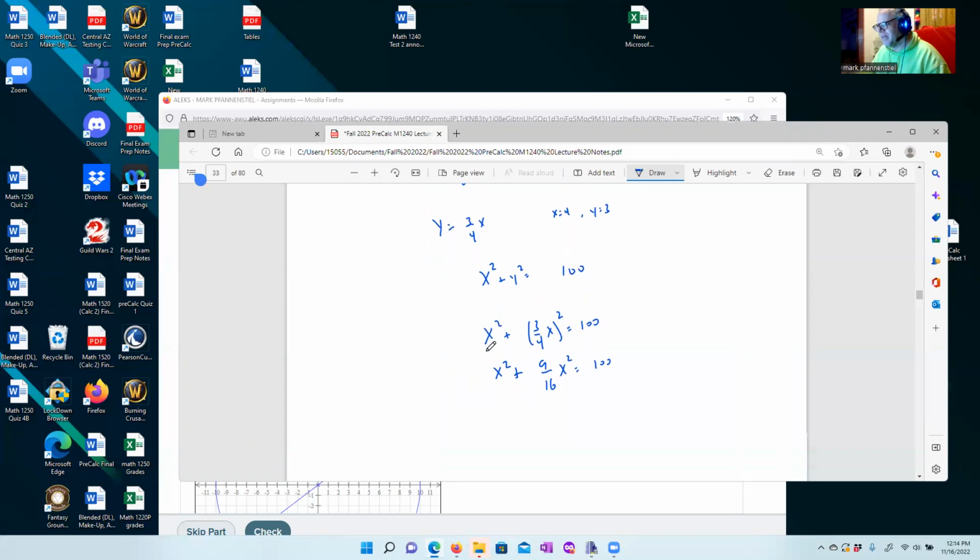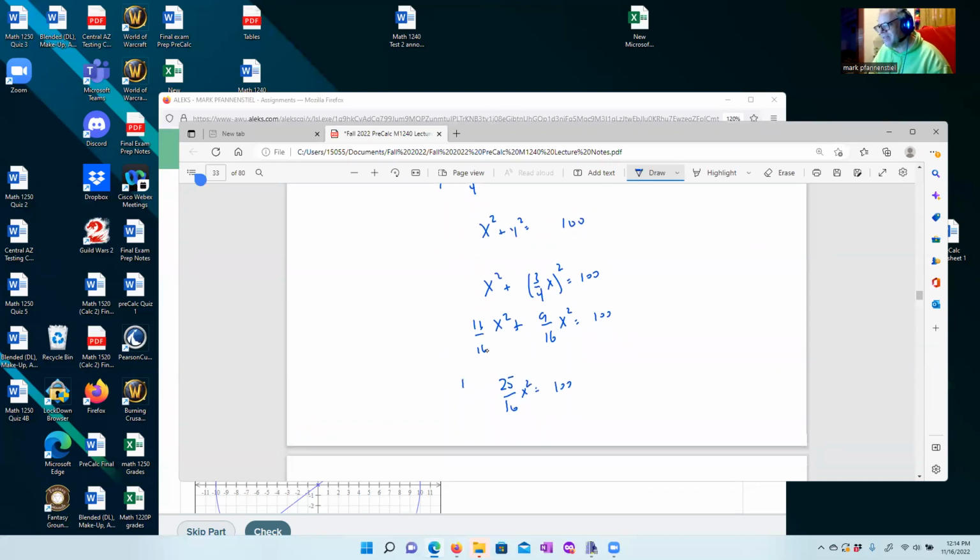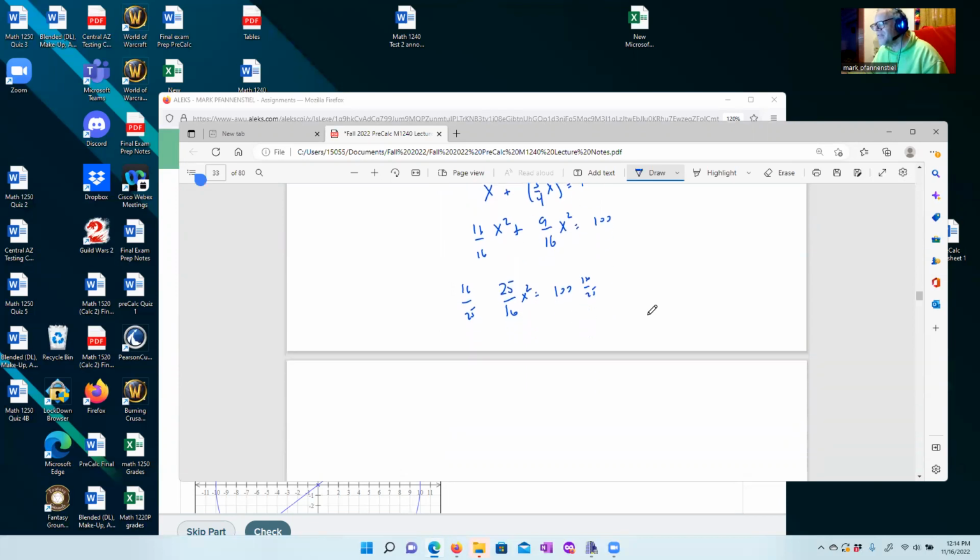So this is going to be 16 over 16, just getting a common denominator so we can add these. So it's going to be 25 over 16 x squared is equal to 100. Solving for x, it's 16 over 25ths, so 4 times 16. That's x squared is equal to 64. So x equals plus or minus 8.